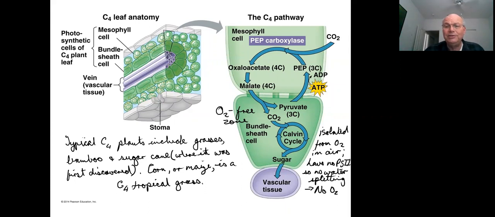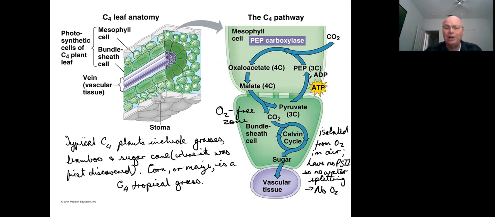And of course, the bundle sheath cells are an oxygen-free zone. So this is the reason why tropical grasses like bamboo, like sugarcane, like corn, like wheat, like a lot of tropical grasses are C4 plants and grow exceptionally well in the bright light because they have the C4 pathway going on. And so they have the ability to process carbon dioxide without having to worry about being affected by the presence of oxygen.